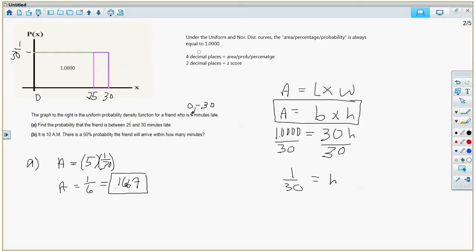So what time will they show up? 10:15. Because what's half of 1? 0.5000. And 0.5000 is going to fall at 15 minutes because you know that 50% is halfway between 0 and 30.